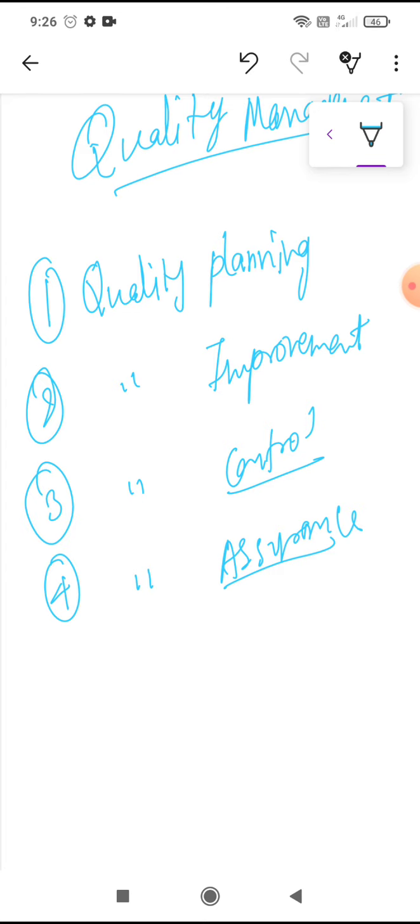It is an unwritten rule that a smartphone should work at least 3 or 4 years, then it is said to be a good quality product. So these are the main pillars or components of quality management.